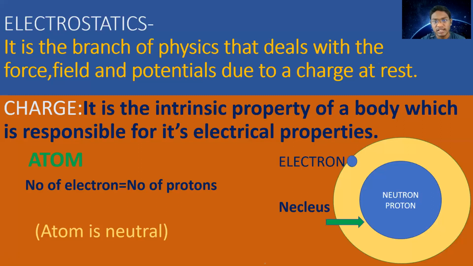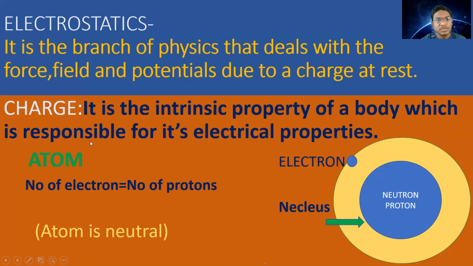As you can see in this diagram, here is a model of an atom. Inside the nucleus there are neutrons and protons, and outside the nucleus there are electrons. If there are equal numbers of electrons and protons, the body will be neutral. Generally an atom is neutral.